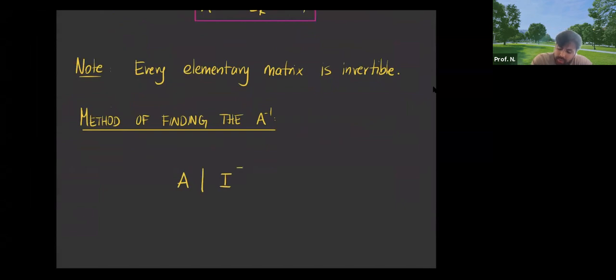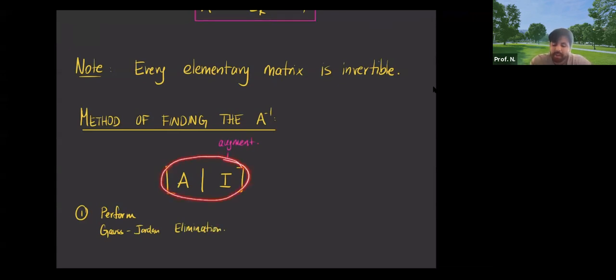And then we augment the matrix with the identity. So we augment this part. And then we perform Gauss-Jordan elimination, but we're performing Gauss-Jordan elimination to the entire matrix.